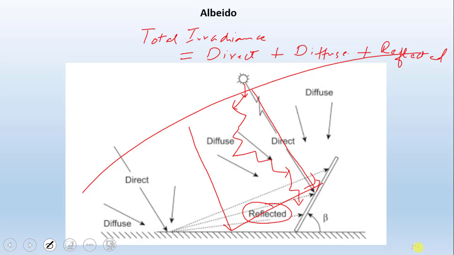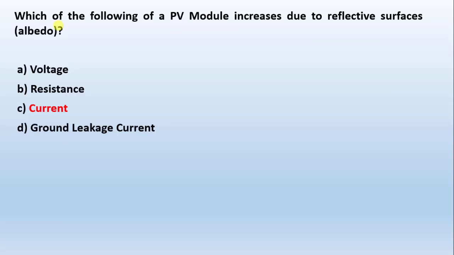So as long as these parts increase, the irradiance received by the PV module shall increase. So when the irradiance received by the module increases, its current increases. Hence, the best answer in this question is that the current increases due to the albedo.